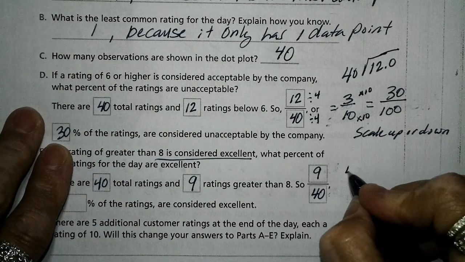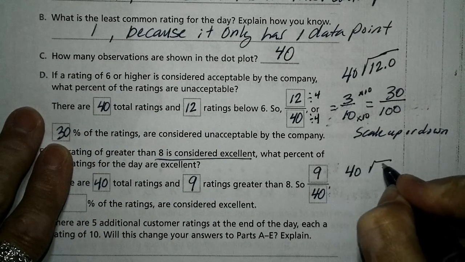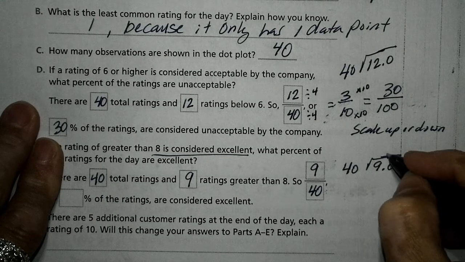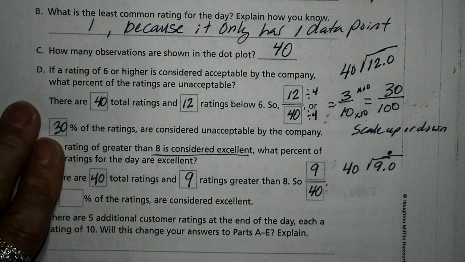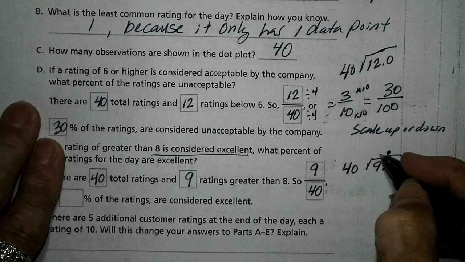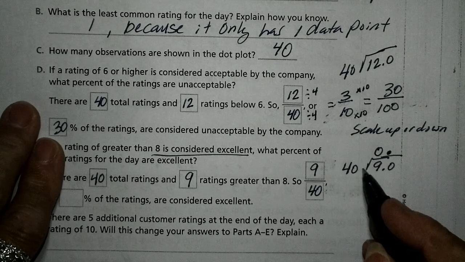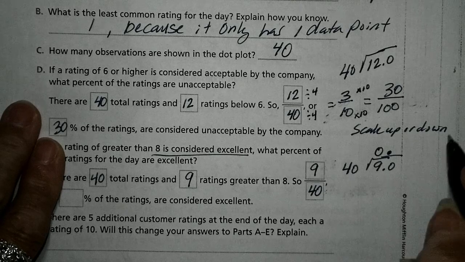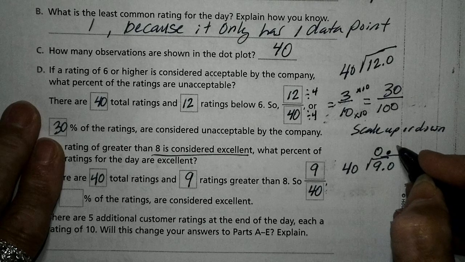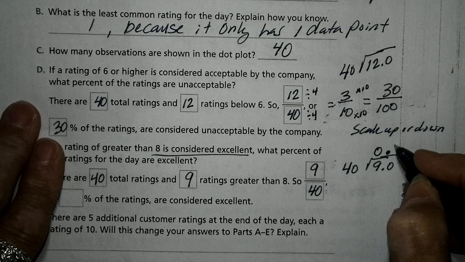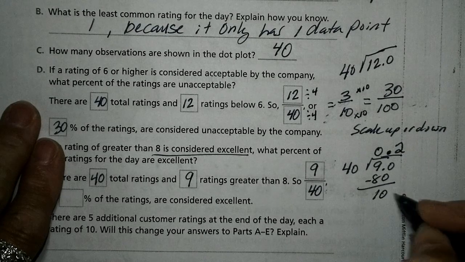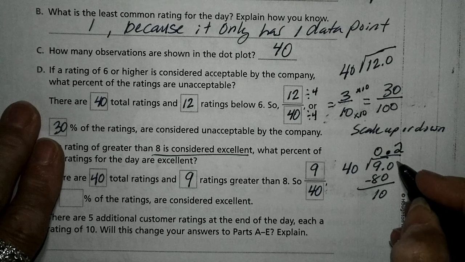So 40 divided into 9.0. I'm going to bring that decimal point up. And we know 40 doesn't go into 9. 40 divided into 90 goes how many times? 2 times. 2, yep. Which is 80. So it leaves me with 10.